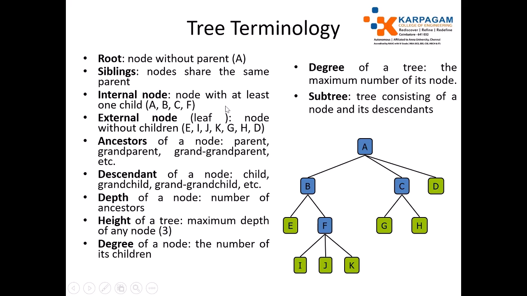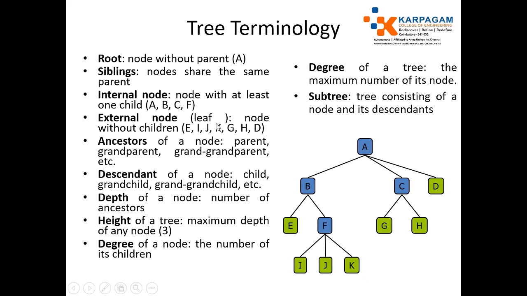And we have another keyword called internal node. A node with at least one child will be called an internal node. For example, here B has a child, and C has a child, and A has a child, and F has a child.